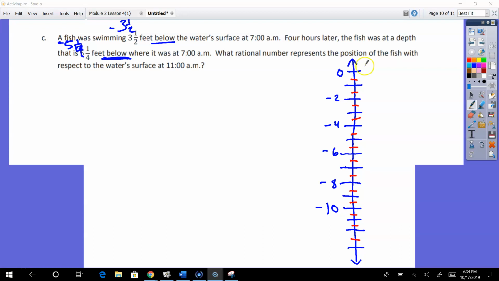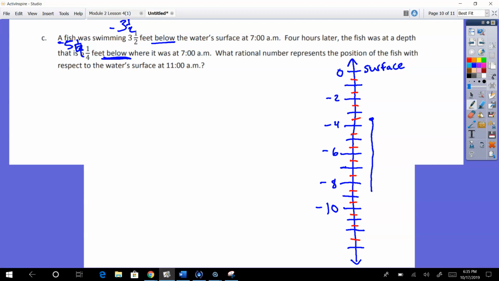Okay, so this is the surface. The fish was 3.5 feet below the surface, so 3.5, so right here. And then we're going 5 1/4, so we need to go 5 feet first. So 1, 2, 3, 4, 5 feet, so we're at 8.5.